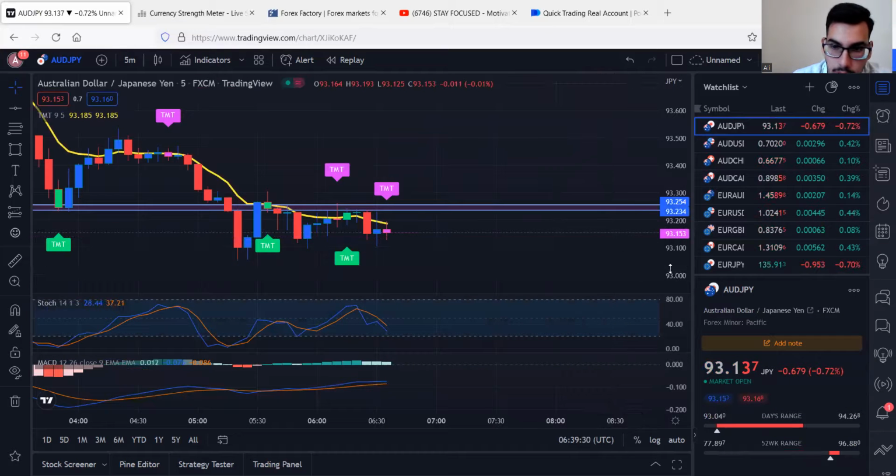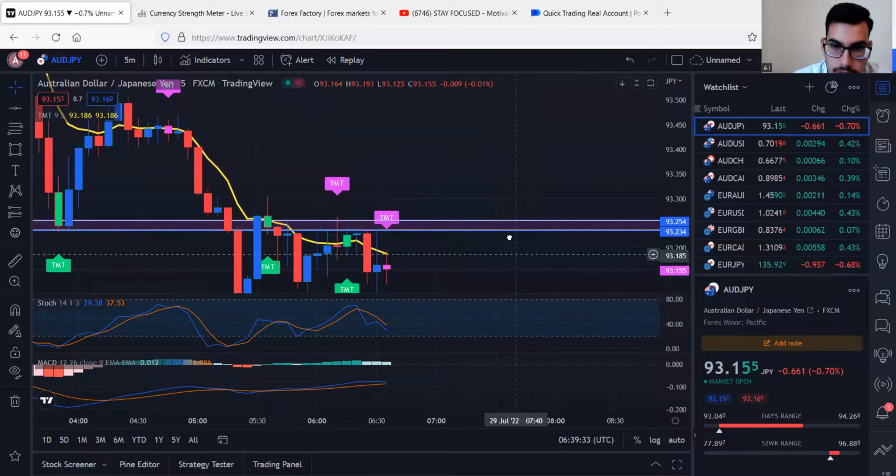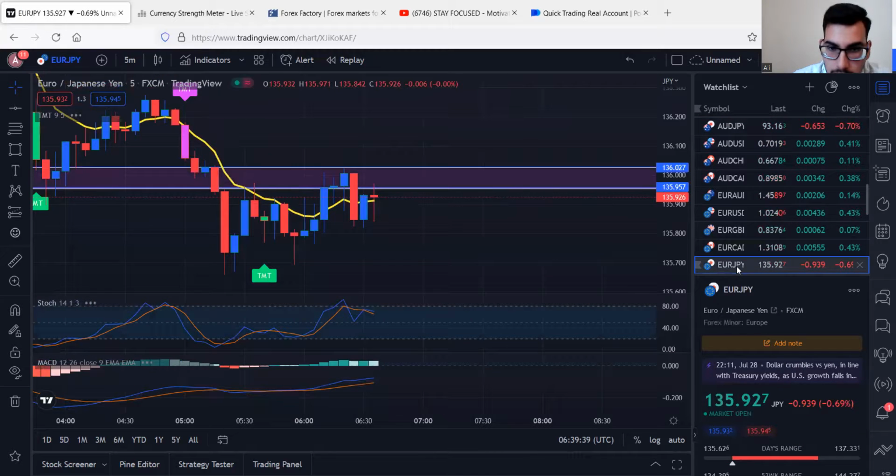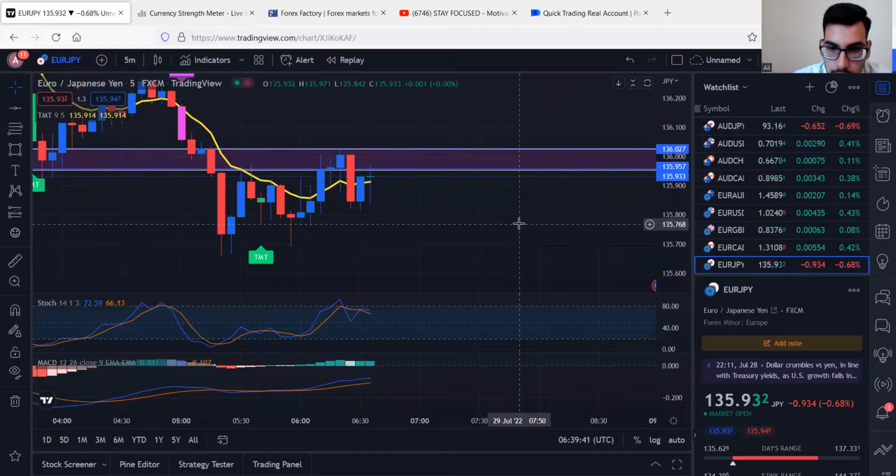Okay, ADJPY seems to be bullish. EuroJPY bullish as well. There's less than a minute left. Let's see what the market will do there. Will it close bearish? Hopefully.